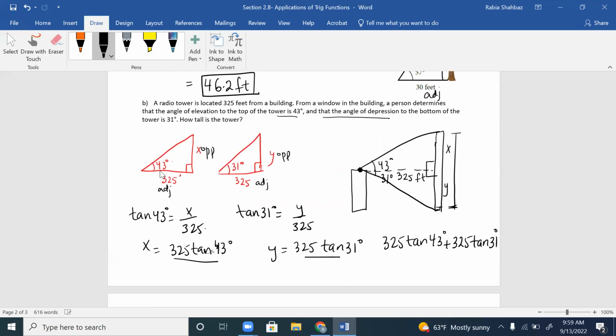Go ahead and put it in your calculator and round after you get your final answer. I'm rounding it to one decimal place, and I'm getting 498.3 feet as the combined height. x and y add up to 498.3 feet.